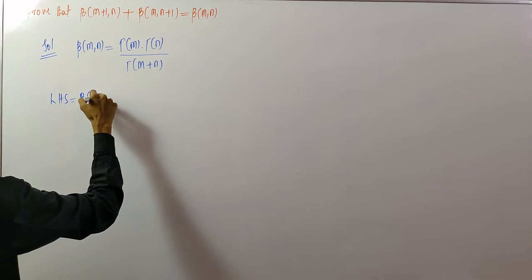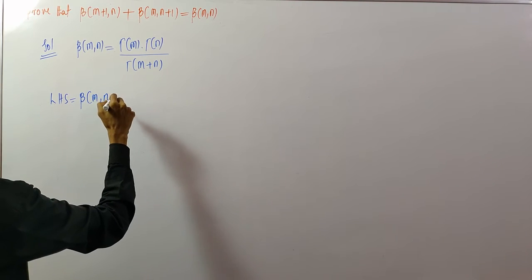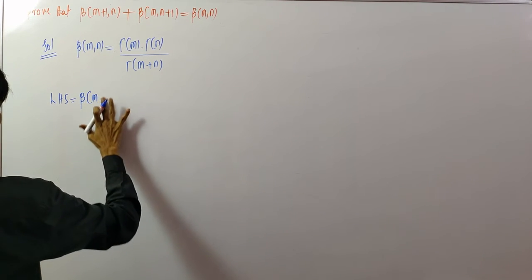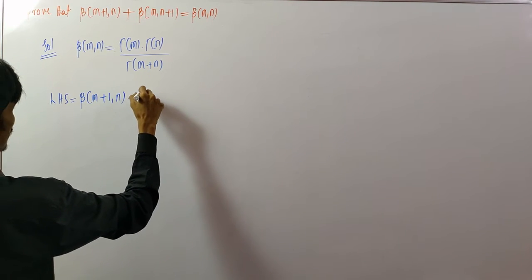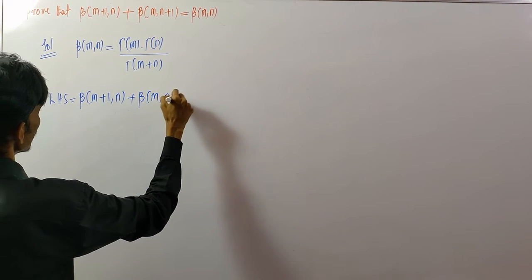We have beta of m plus 1 comma n plus beta of m comma n plus 1.